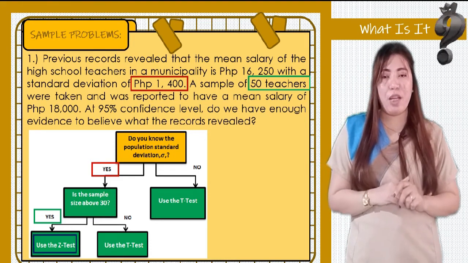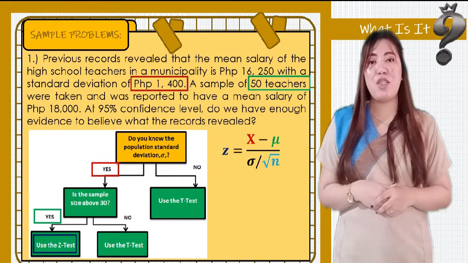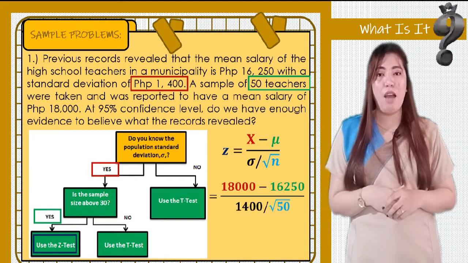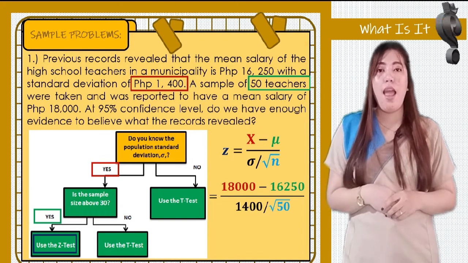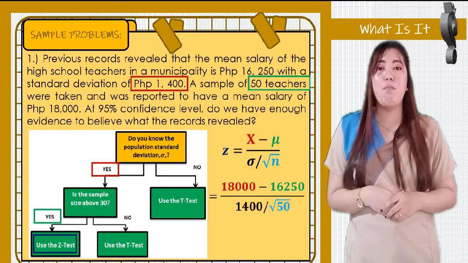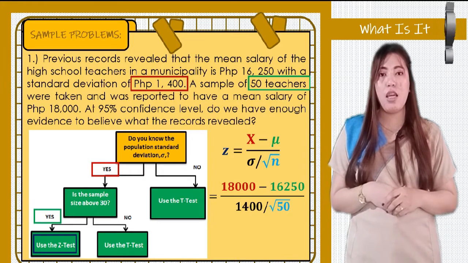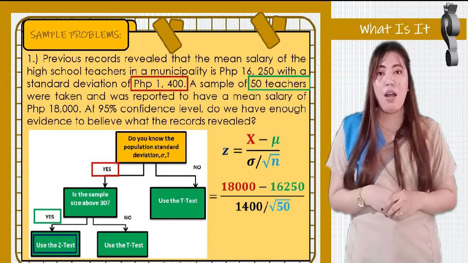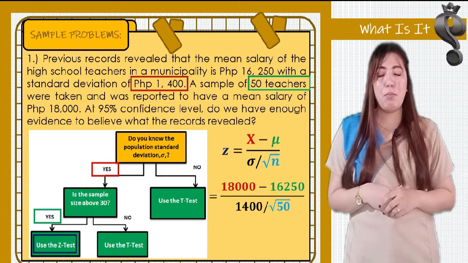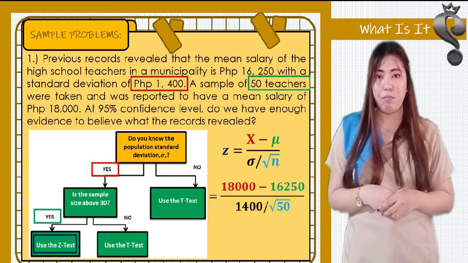Using the z-test formula, z is equal to x minus mu all over sigma divided by square root of n. Substituting the given to the formula, we have z is equal to x, or the sample mean, is equal to 18,000 minus mu, or the population mean, is equal to 16,250 all over sigma, or the population standard deviation, is 1,400 divided by square root of n, or the sample size, the square root of 50.